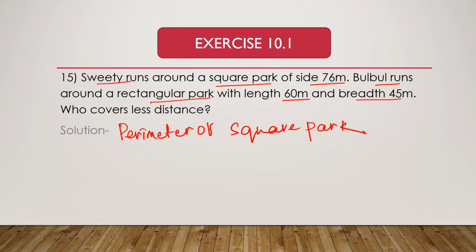Perimeter of the square park will be 4 multiplied with length of side. That is 4 multiplied with 76 meter, that is 304 meter.